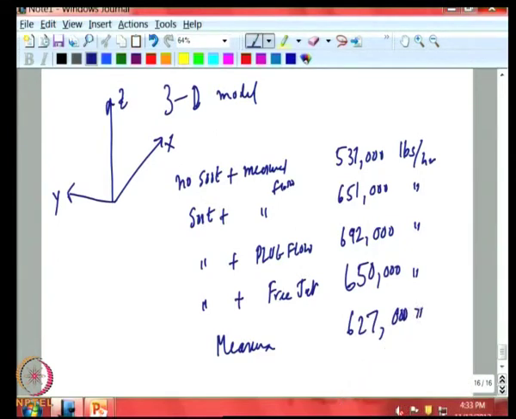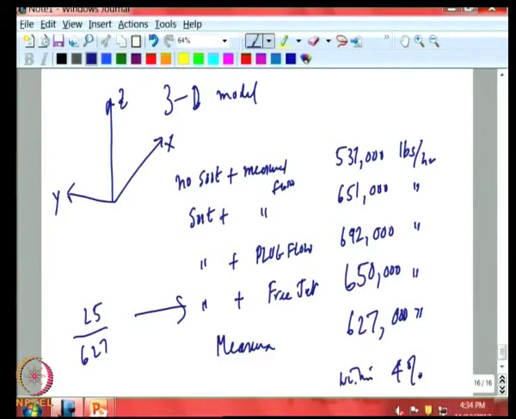So, one can be quite satisfied that the prediction based on 3-dimensional model with soot and a free jet gives you a result accurate to 25 by 627, which is accurate to within 4%.